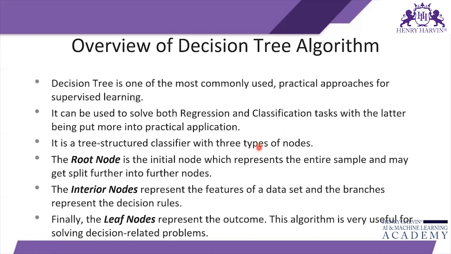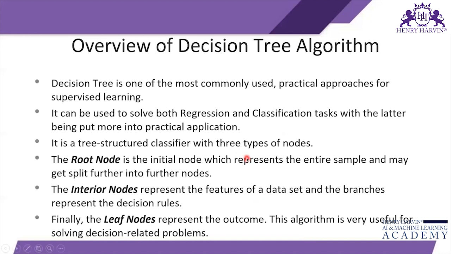It is a tree structure classifier with three types of nodes. The root node is the initial node which represents the entire sample and may get split further into other nodes. The interior nodes represent the features of the data, and the branches represent the decision rules. Finally, the leaf nodes represent the outcome. This algorithm is very useful for solving decision related problems.